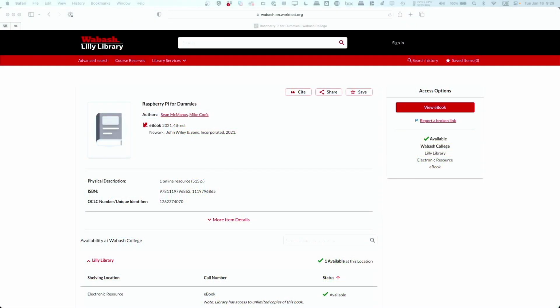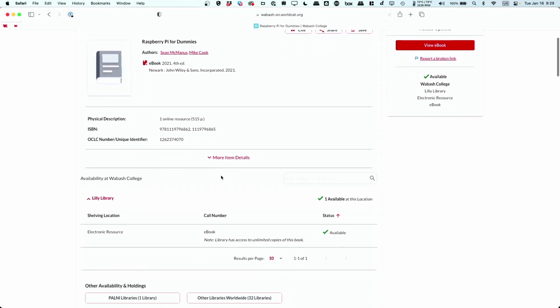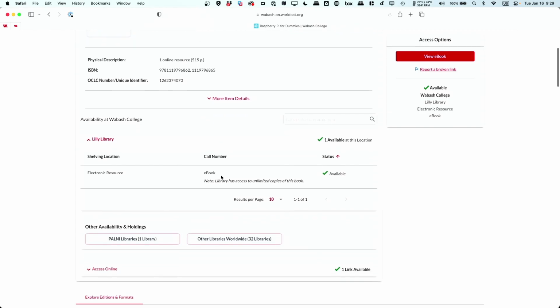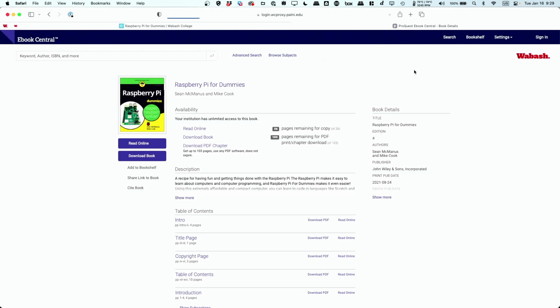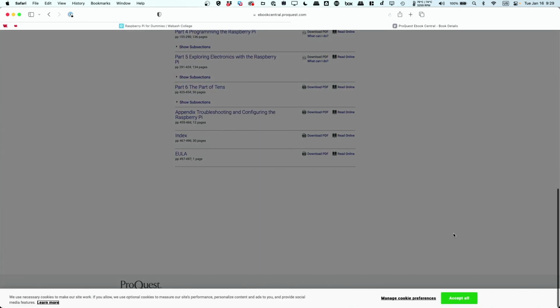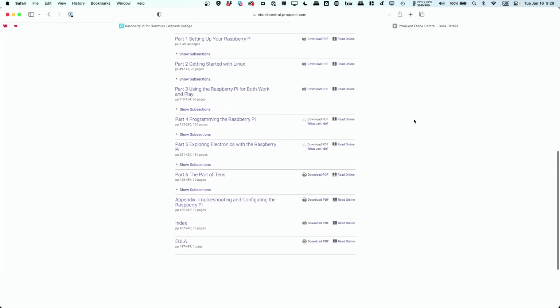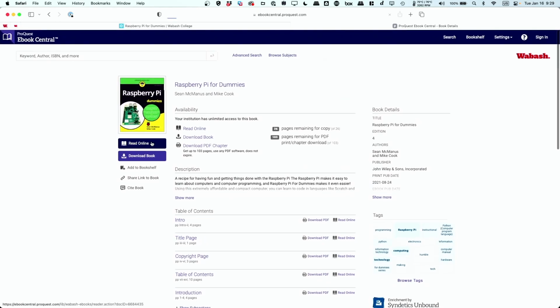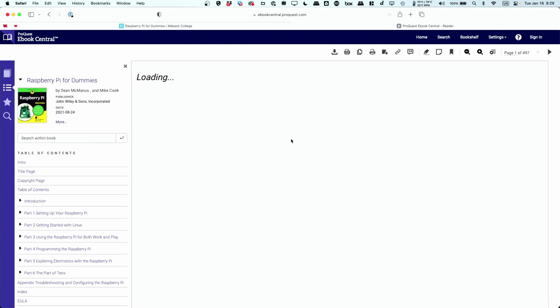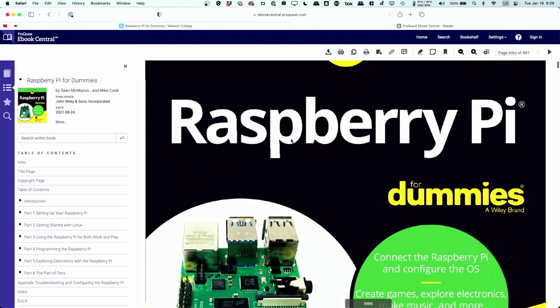So what I'm going to show you guys, at least initially, is a little bit about the computer that we've got. Once it gets going here, accept all the cookies and read online. What we're going to be using are computers called Raspberry Pis.